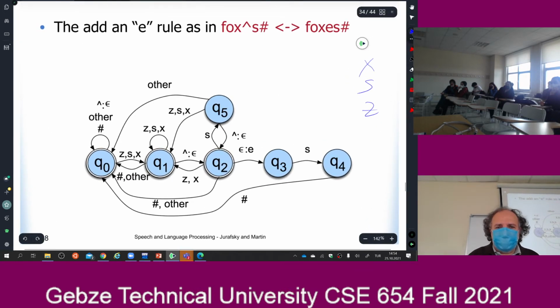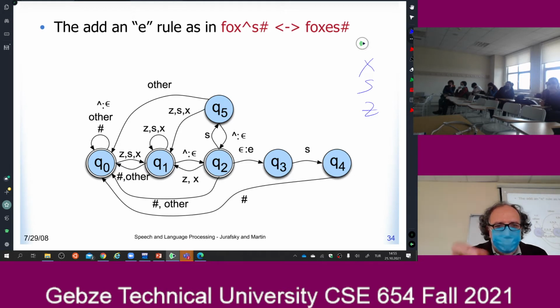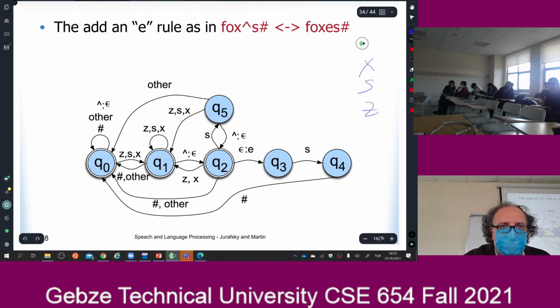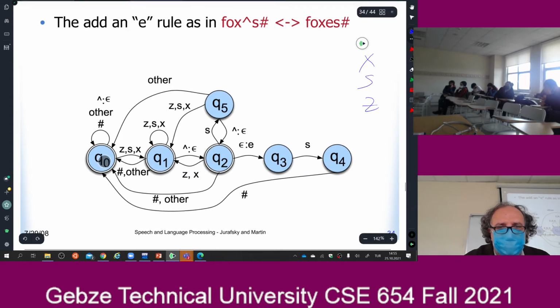And let's see how it works. And this is not just X, it is also for S and Z too. So let's see. Q0, if I get anything other than Z, S, and X, I would go into this Q0 again. If I have Z, S, and X, I would go to Q1. I have to be very careful about this.